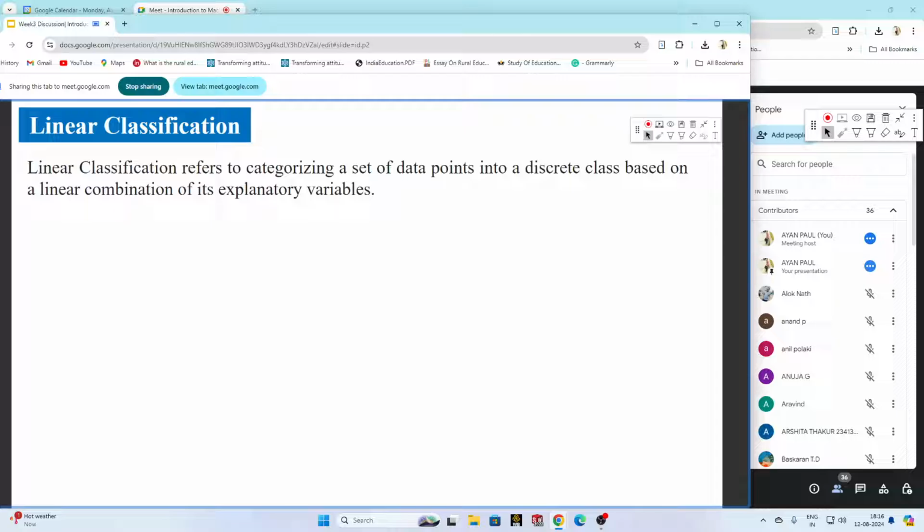Apart from these two, we also saw shrinkage methods, such that we shrink our coefficients very close to zero. An input variable that is not important, we shrink its coefficient very close to zero. We do that by two methods: one was lasso, and the other was ridge regression. Ridge regression is your L2 regularization, and lasso is your L1 regularization.